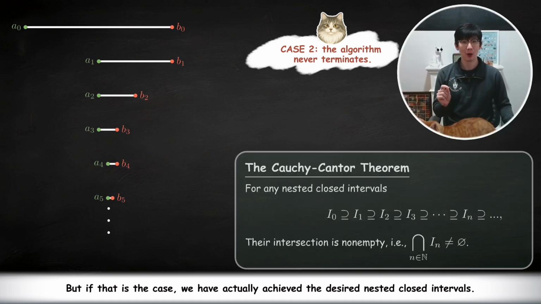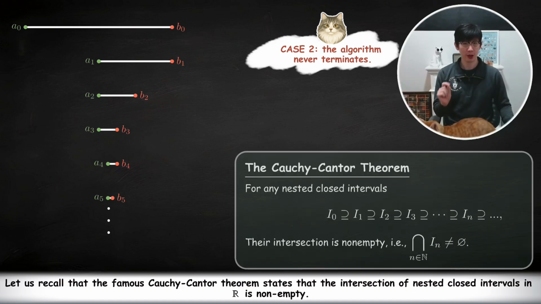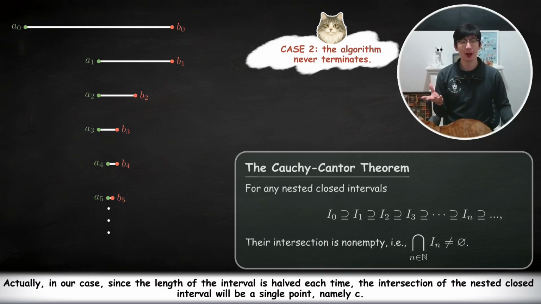Let us recall the famous Cauchy-Cantor theorem states that the intersection of nested closed intervals in R is non-empty. Actually, in our case, since the length of the interval is halved each time, the intersection of the nested closed intervals will be a single point, namely c.